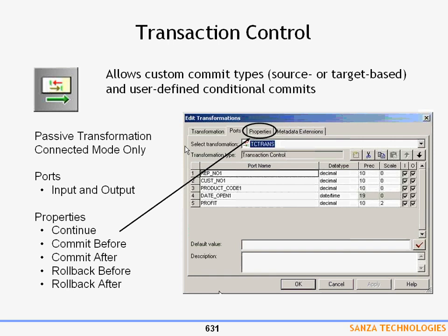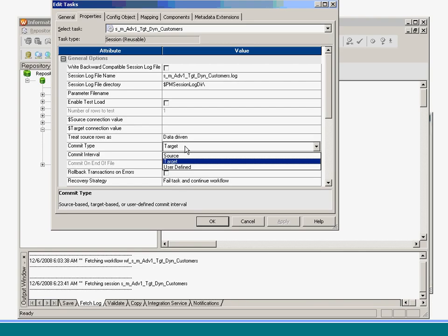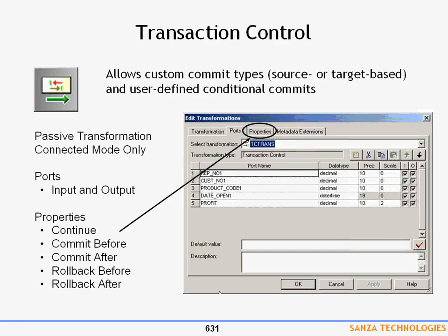So when it does, either it will continue, meaning it will not send a commit, or commit before, meaning before I load this row, send a commit to the target table, or commit after I load this row, send a commit to the target table, or roll back. I got an error, so you roll back now, or you roll back after you load this record, or roll back before you load this record.